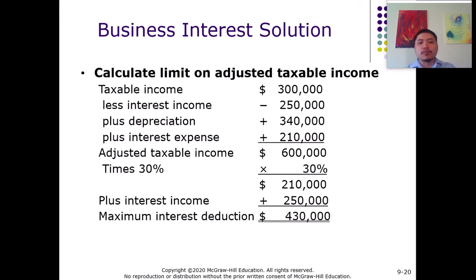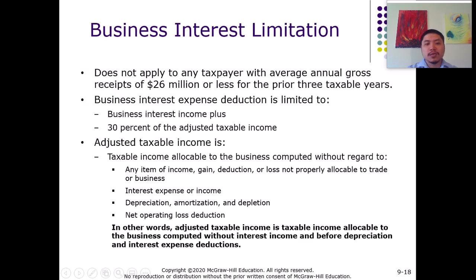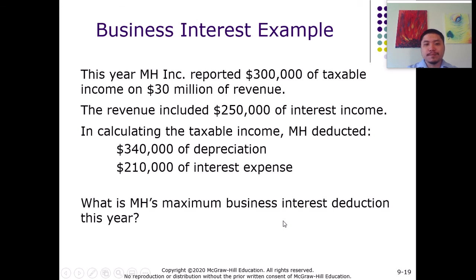So let's see how we do it, right? So first we need to calculate the adjusted taxable income. So we take, like I said, the simpler definition, right? So we take the taxable income, we take out the interest income, and then we add back the depreciation and the interest expense, right?